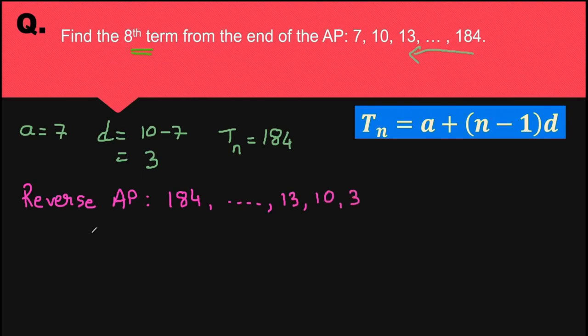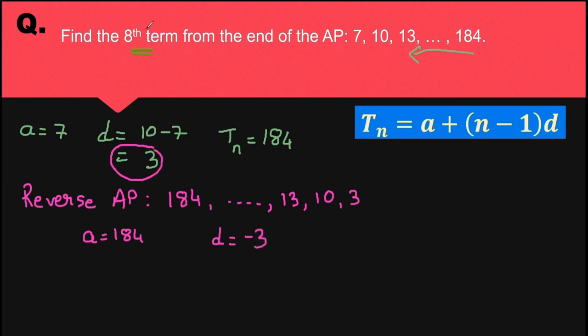So the first term of the reversed AP is 184, and the given AP was increasing by 3 for every consequent term. If we reverse the AP, every consequent term is decreased by 3. So that means d is the negative of the original d, that is negative 3.